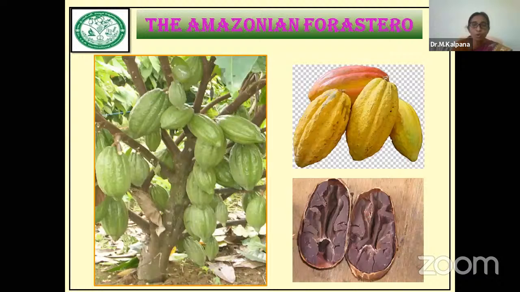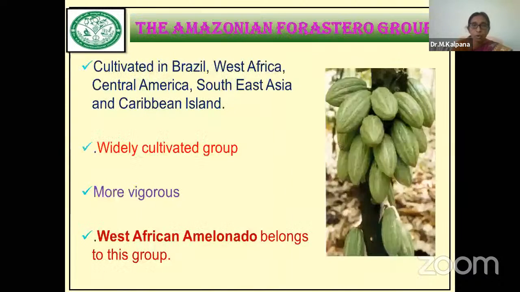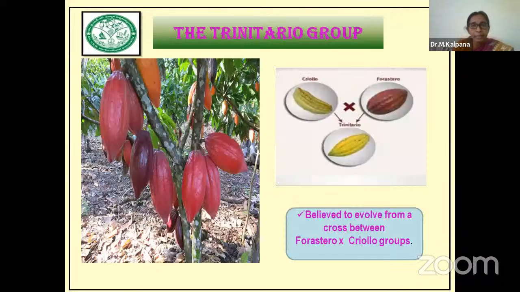Then this is the Forastero group of cocoa, which is cultivated in Brazil, West Africa, Central America, Southeast Asia, and the Caribbean islands. It is the most widely cultivated group in the world, and it is more vigorous. The West African Amelonado belongs to this Forastero group. Then comes the Trinitario, which is a cross between the Forastero and Criollo, which evolved in the 17th century.